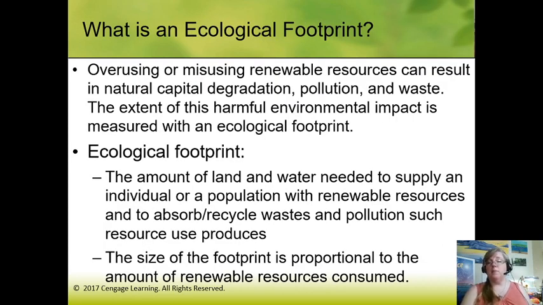Now, this chapter is about ecological footprints, so we need to discuss, well, what is an ecological footprint? I'm going to do the definition first.